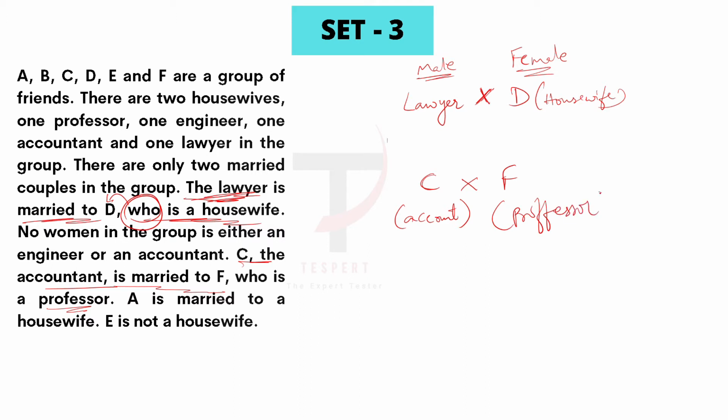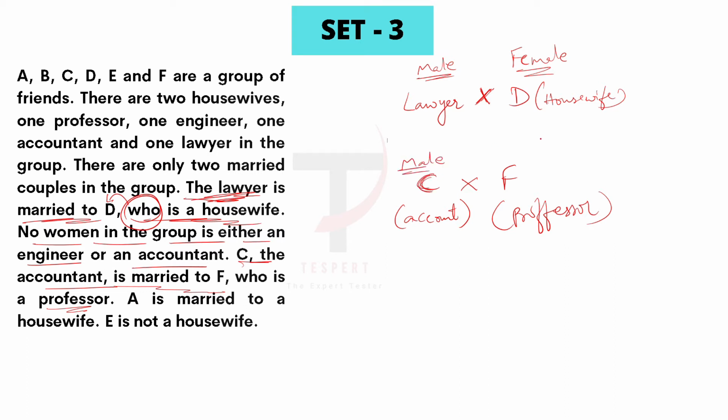And if we consider the previous statement, no woman in the group is either an engineer or an accountant. So a woman cannot be an accountant. So C shouldn't be a woman, C is a male.